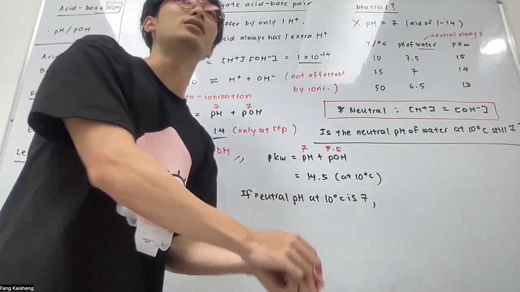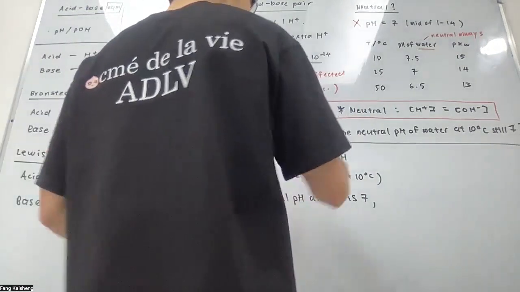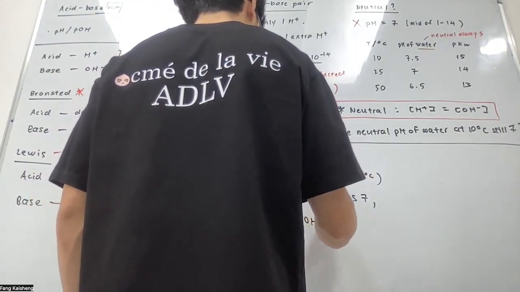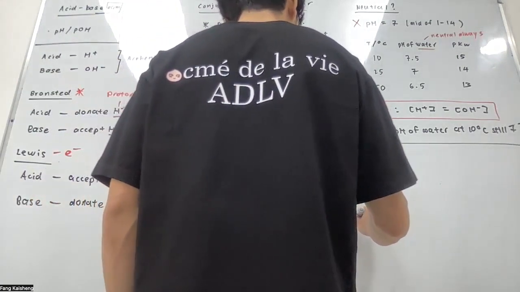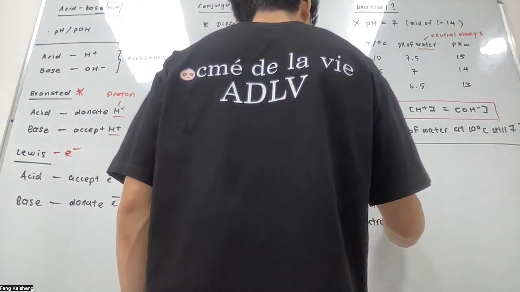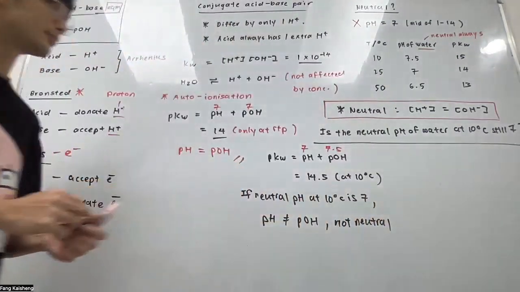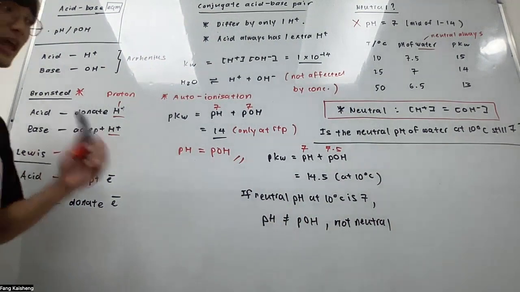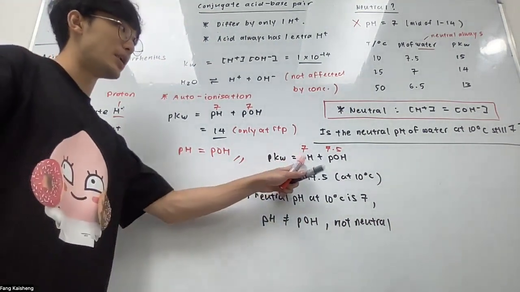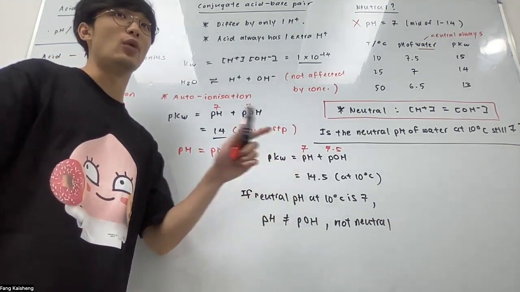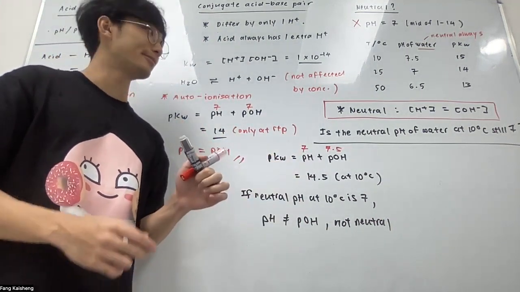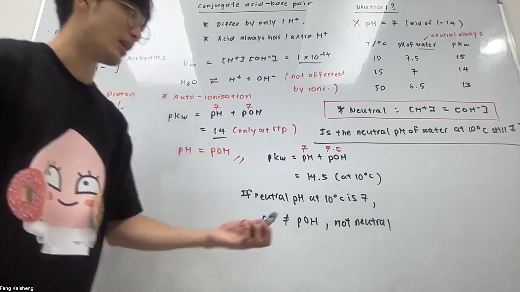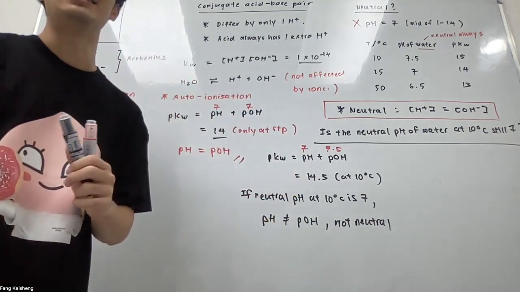No. So if the neutral pH is 7, pH is not equal to pOH, so it's not neutral. In fact, at 10 degrees, if the pH was 7, the water is acidic.